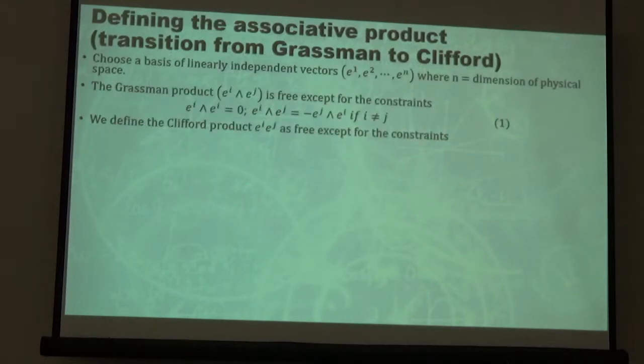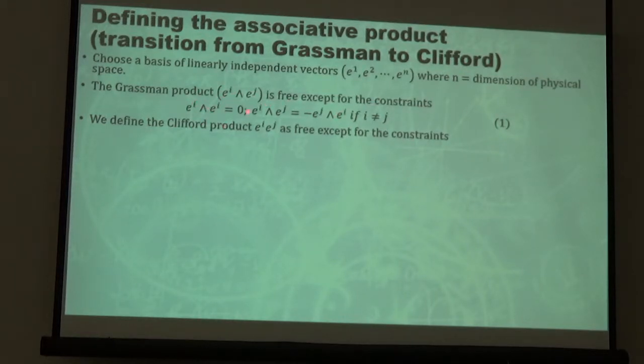Now, this is the transition between Grassmann's way of looking at things and Clifford's way. We choose a basis of linearly independent vectors e_1, e_2, etc., up to e_n, where n is the dimension of physical space. The Grassmann product e_i wedge e_j is free except for the constraints.